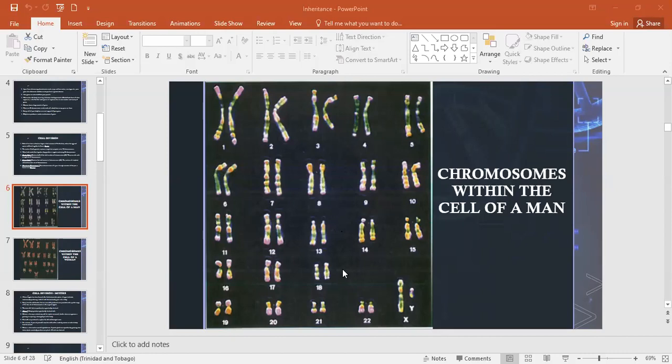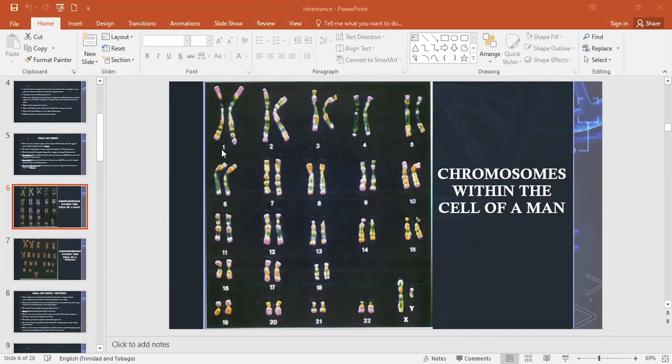So these are all called homologous pairs. If you just had one of them, that is called a homolog. One will just be a homolog. Two of them will be homologous pairs. And because we have two of them in each, we have 46 chromosomes total.